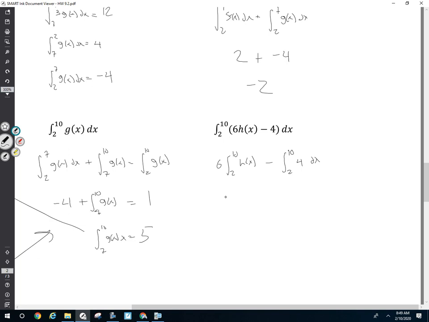So 6 times 6 is 36. Again, rectangle, height 4, width 8, or change in 4x between 2 and 10, that's 40 minus 8. So 32 either way, and I get 4.